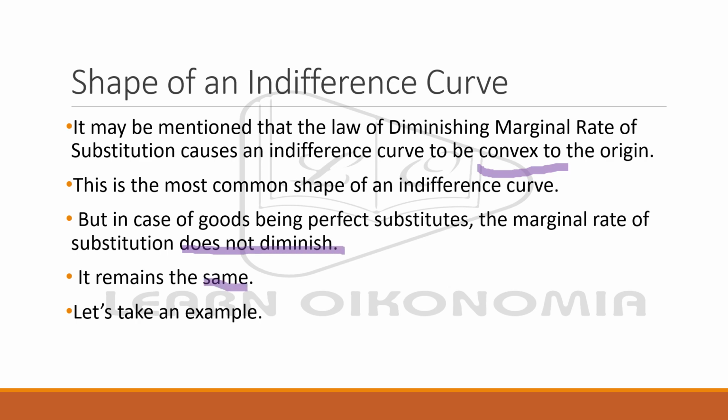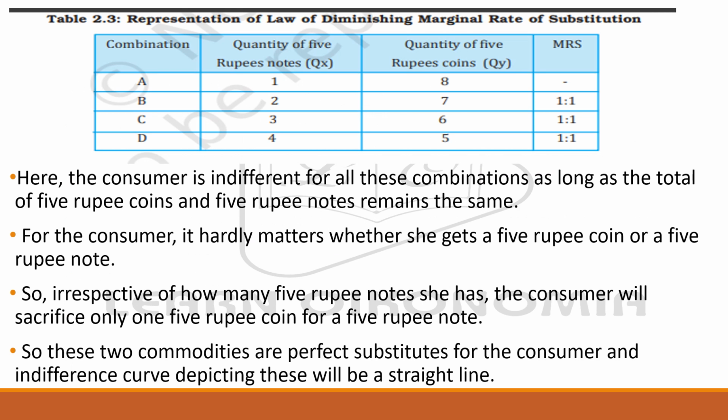So I'll be giving you an example so that will be clear to you. In this case, you are considering again different combinations of both X and Y. The second and third columns give you different quantities of commodity X and commodity Y. And here you are having your MRS, the ratios, and you divide delta Y by delta X. Here you will be getting 1, here 1, here 1.